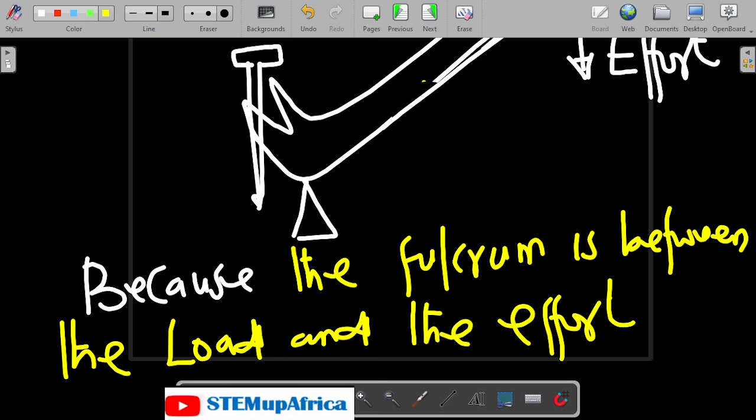That is why we classify a claw hammer as a first class lever.